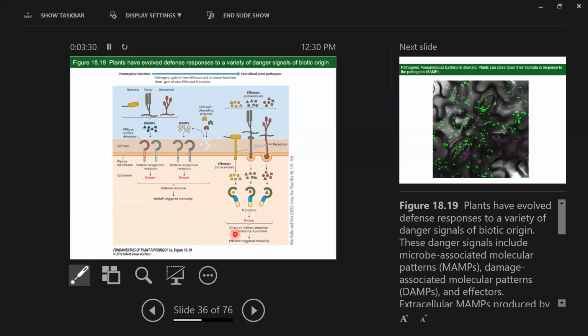It's the plant's ability to have different mechanisms in play, so that if the MAMP, the first line of defense, failed, hopefully the effector triggered can nip it in the bud and not have a full-blown infection or attack. So that's a good visual.